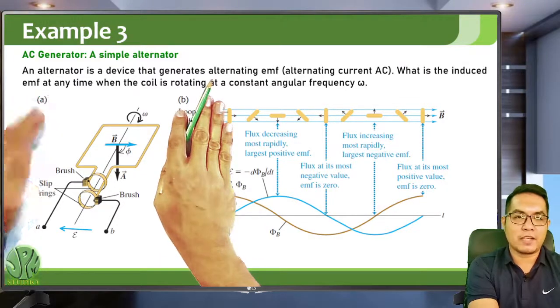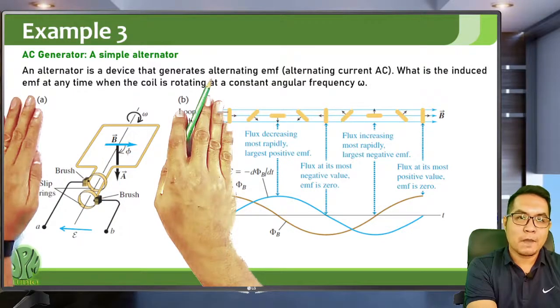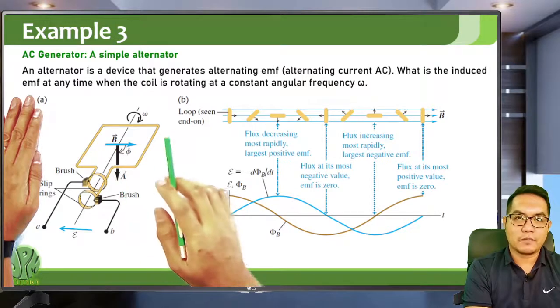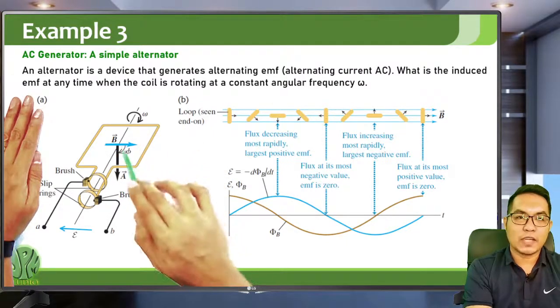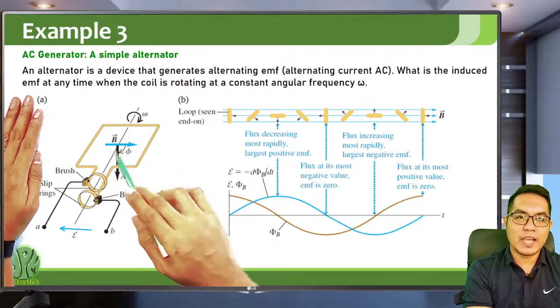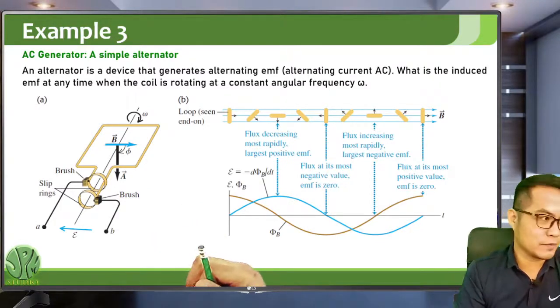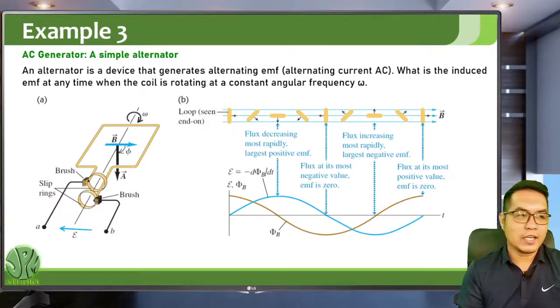So the magnetic field is in that direction, to the right. And the area of the loop is fixed, but the loop is now rotating. You will notice that the angle between the magnetic field and the area vector is the one changing in this case. Okay, how do we find the induced EMF?